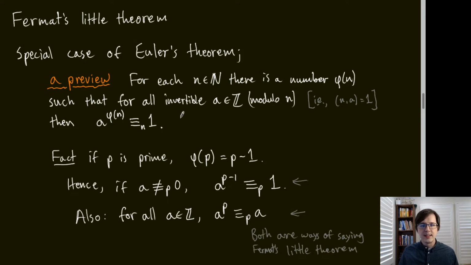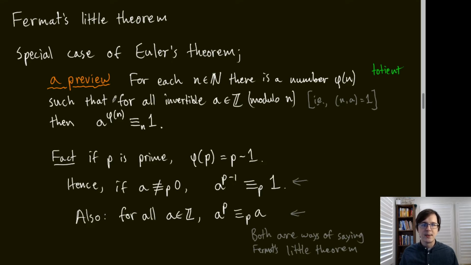I'm going to mention that this is actually a special case of a theorem to come that we're going to see later in the quarter, and that is Euler's theorem, which generalizes Fermat's little theorem. And I'll just mention as a preview what it states roughly. So first of all, for each n in the naturals, there's a number phi of n called the totient, T-O-T-I-E-N-T.